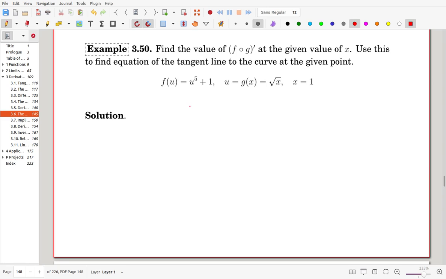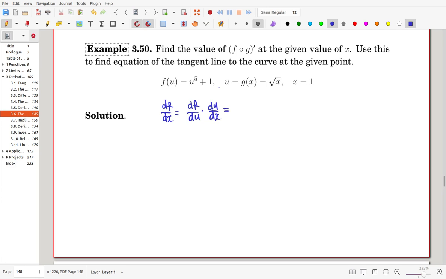Now, the composite one, so here u is defined to be square root of x. So if you are taking the x derivative, df over dx, then here df over du times du over dx.